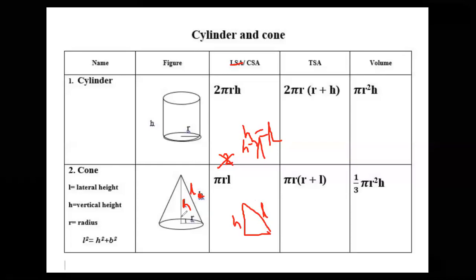And this is called a circle. In case of a circle, if the line is drawn from the center to the circumference, that is called the radius. Instead of base, we call it radius.